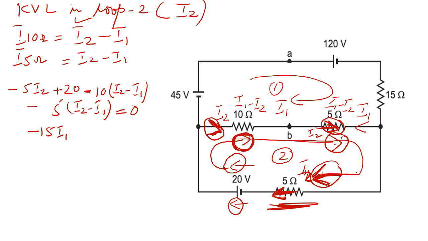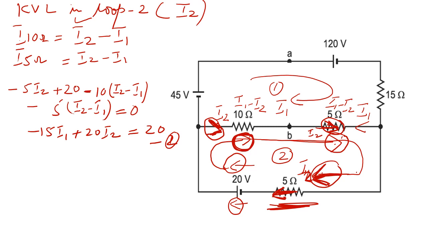So if I solve this equation, it will be minus 15I1 plus 20I2 equal to 20. So this is equation number 2. Now equation number 1 and equation number 2 are simultaneous equations.